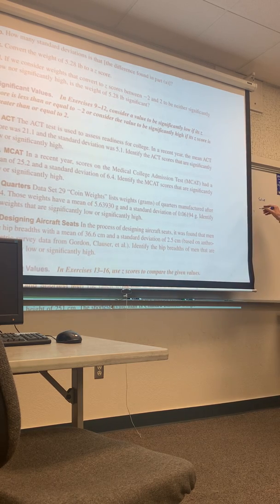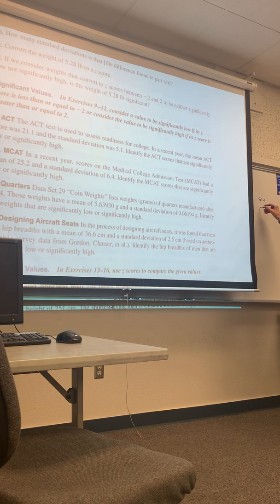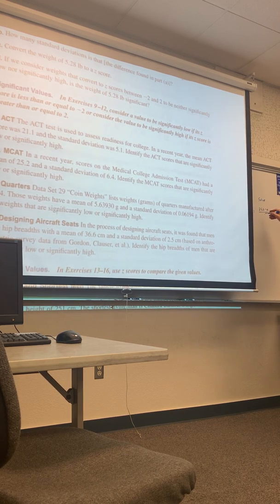Here, for this problem, 25.2 minus x over 6.4. Okay, so that's a z-score, the upper z-score, a z-score of 2. Remember, it's your value minus the mean divided by the standard deviation, x minus mu over sigma.